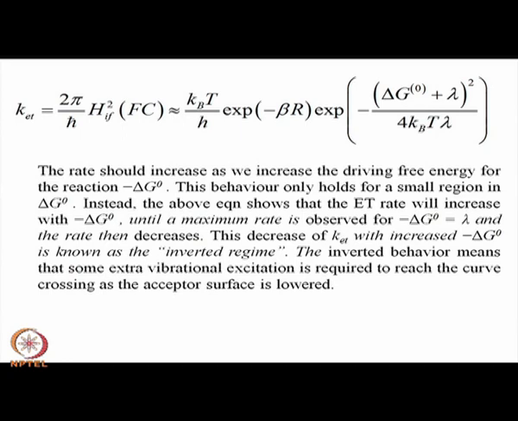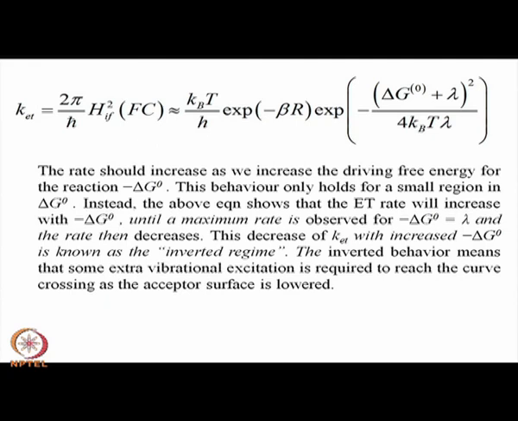So, what is the general description and explanation? The electron transfer depends on this attenuation factor, then a term like delta G 0 plus lambda. This exponential factor, delta G 0 plus lambda whole square divided by 4 kBT lambda, plays a great role in determining whether your electron transfer rate will increase or decrease, depending on the relative magnitude.